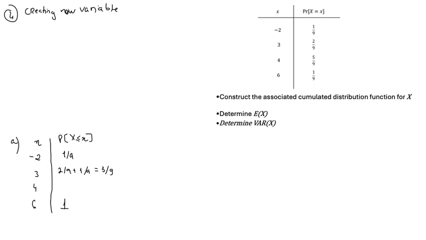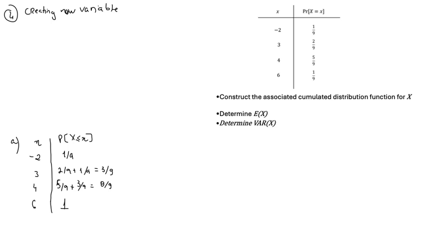What's the probability that your random variable is less than or equal to 4? Well, it's equal to 4, and I can assess that on the PDF. It's 5 9ths plus the probability of everything above that, which, if you think about it algorithmically, is just the row above, which is 3 9ths.